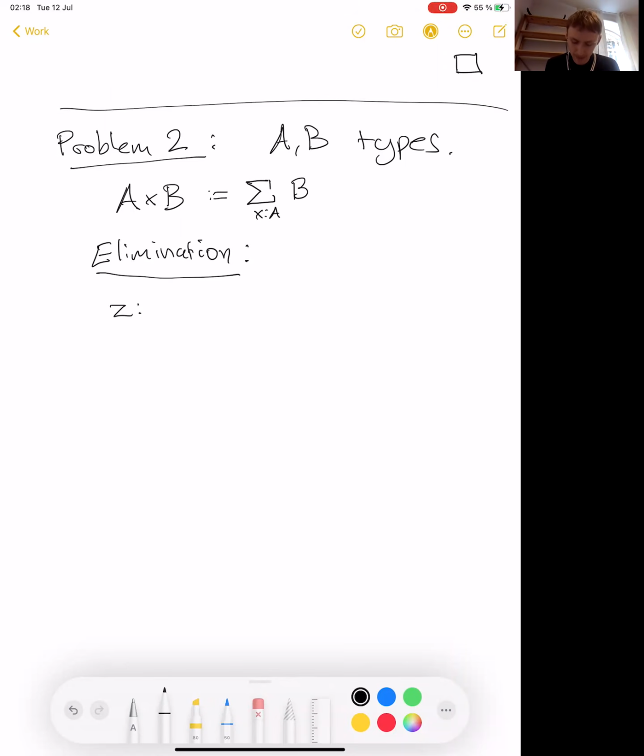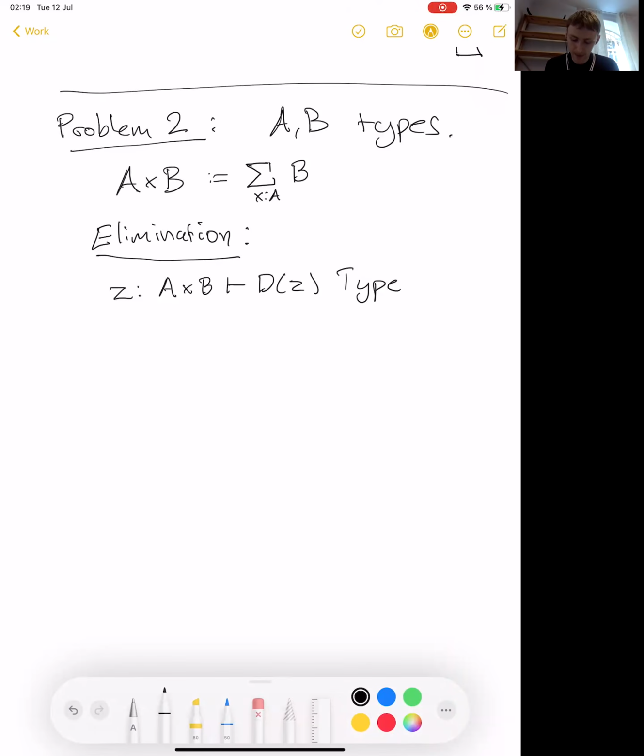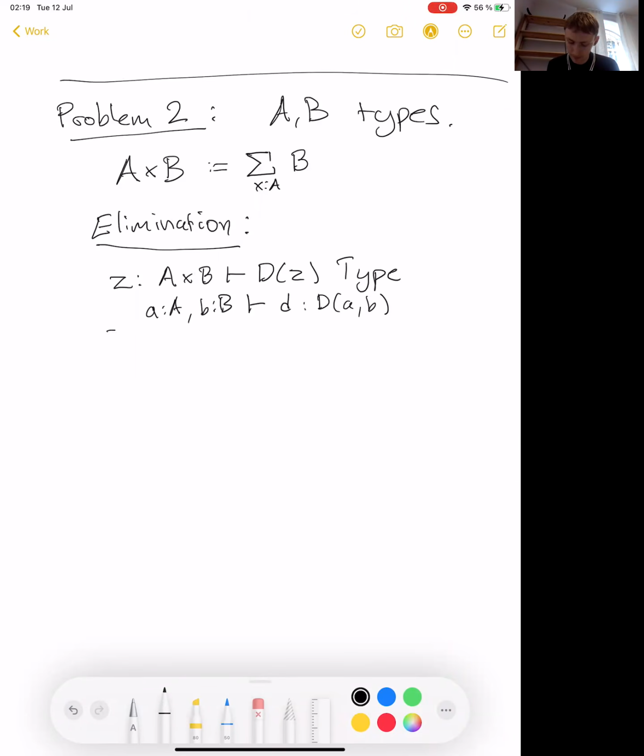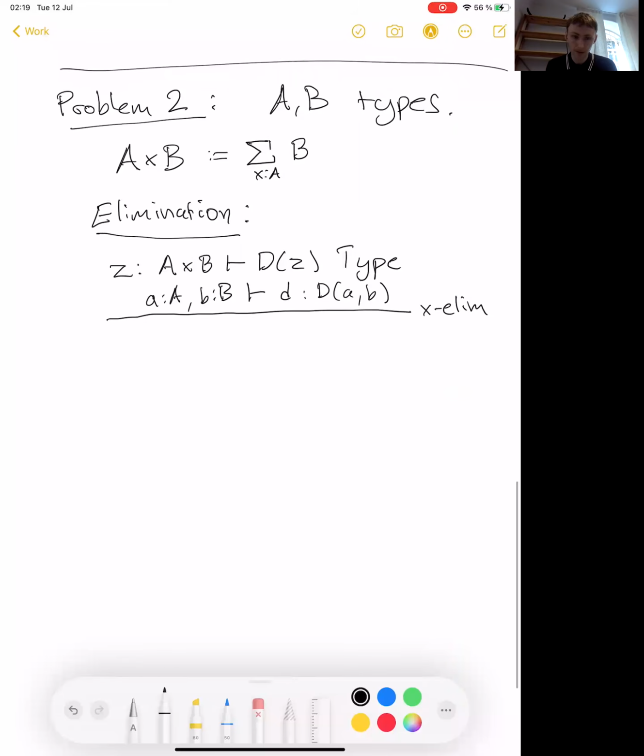So given a Z in A times B, let's say that we have a type D of Z, and let's say that given a point A in A and a point B in B, we have a term d of type D(a,b). Then we define product elimination to give us the following.